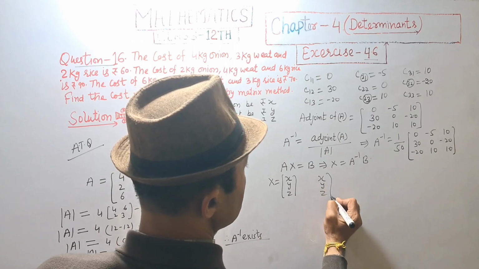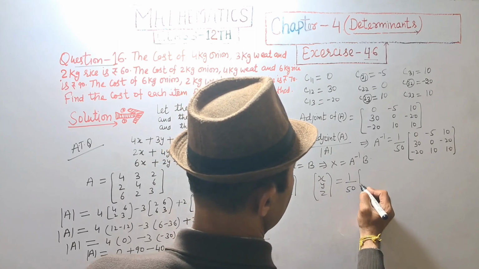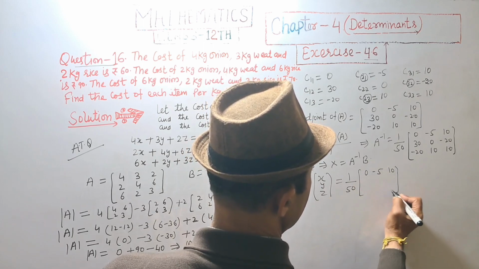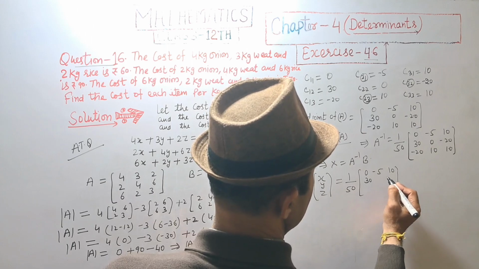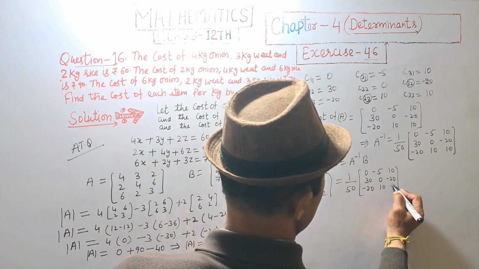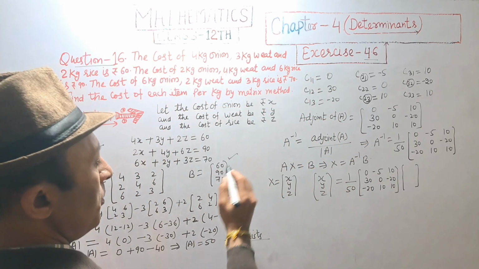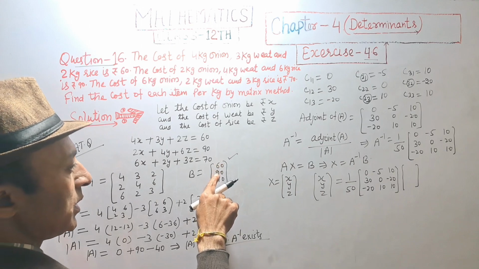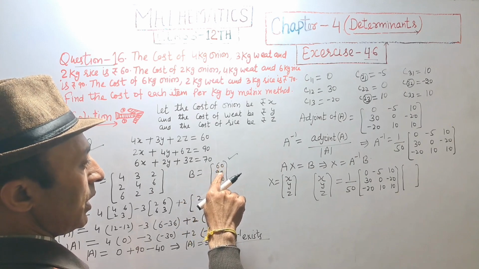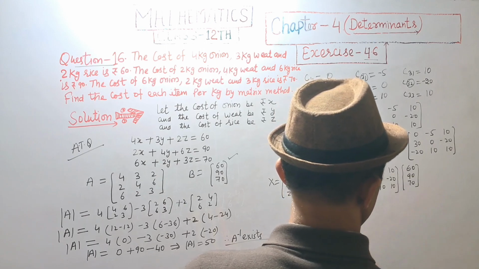So x, y, z is equal to A inverse, we have 1 upon 50 into 0, minus 5, 10, and 30, 0, minus 20, minus 20, 10, 10, and B is equal to 60, 90, 70.